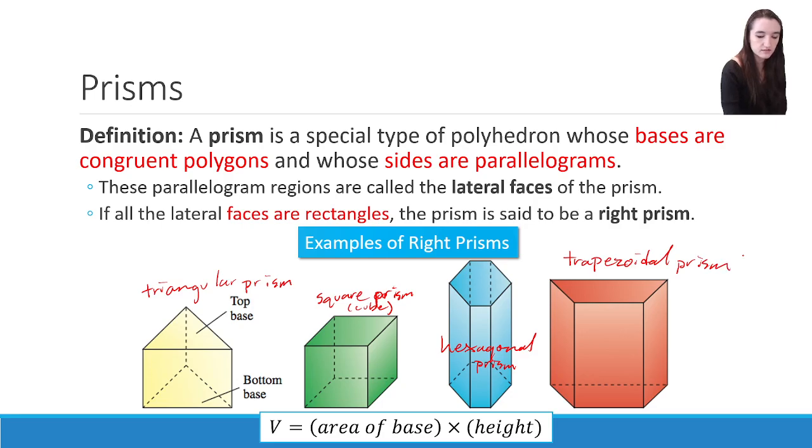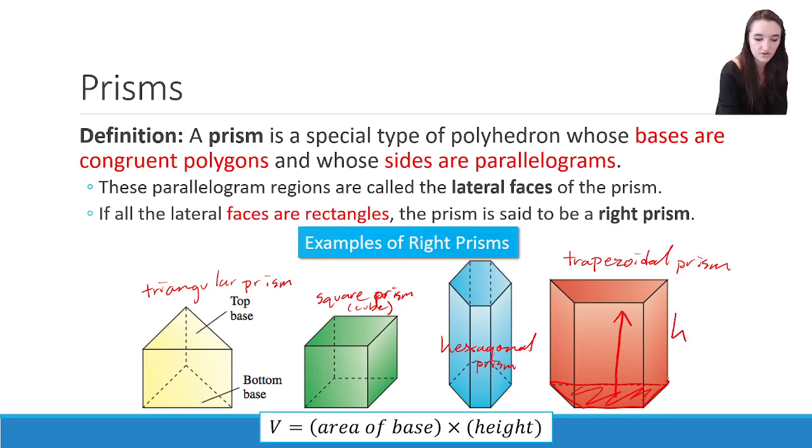Now notice that the volume is equal to the area of the base times the height. As I was sort of hinting at before when we looked at those volume formulas, we take this area and then we multiply upward. Like this is the height.